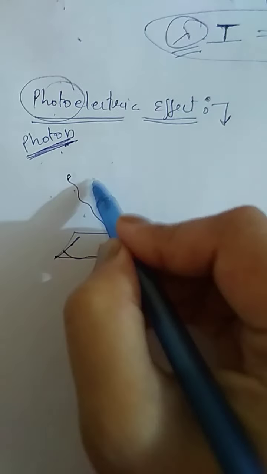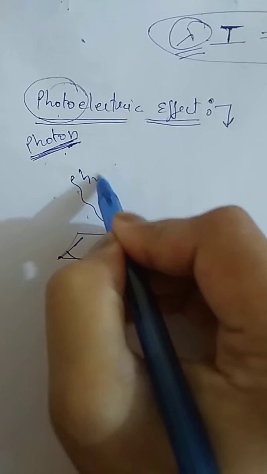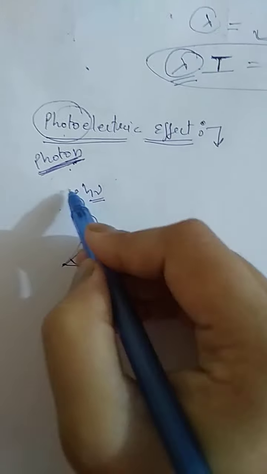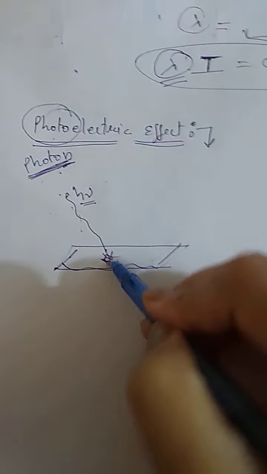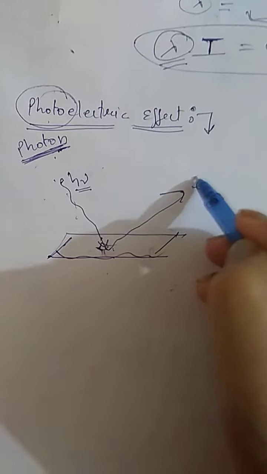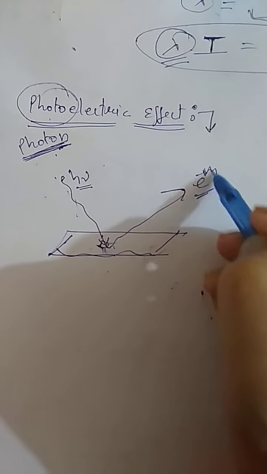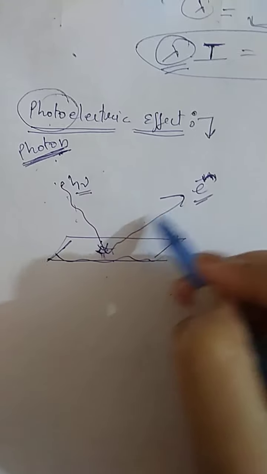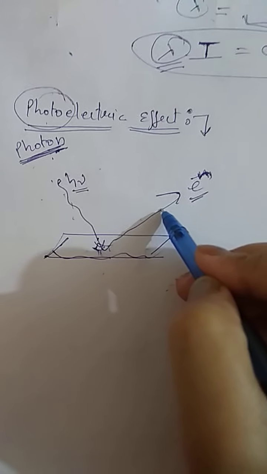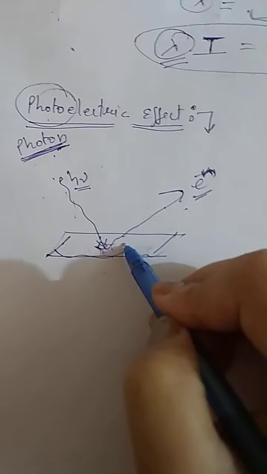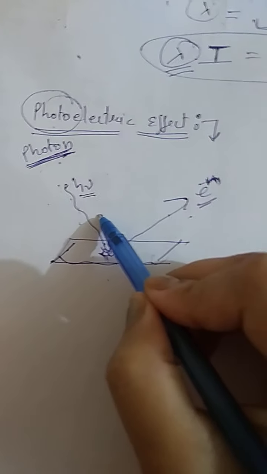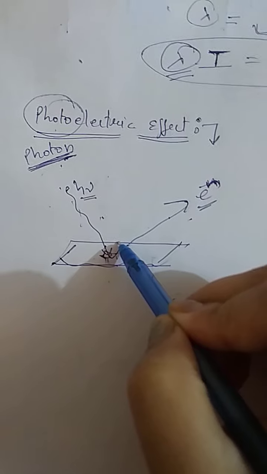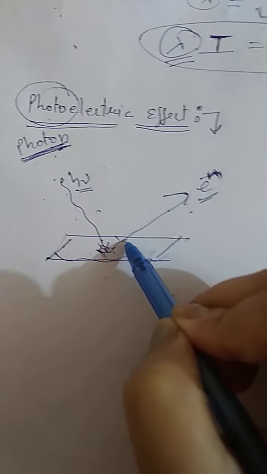When one photon, denoted by h nu, that is energy, strikes a metal surface, there will be ejection of an electron from that metal surface. This ejection of electron when a photon of light strikes the surface of metal is known as the photoelectric effect.